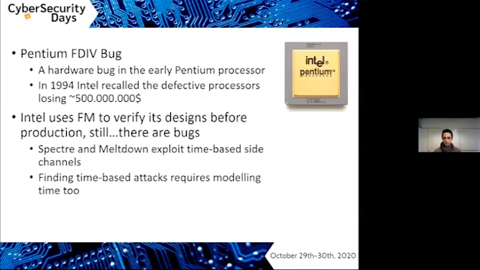It was not long ago that there was news about two very famous bugs for recent Intel architecture called Spectre and Meltdown. And the point of those bugs is that they were using some time-based side channel.